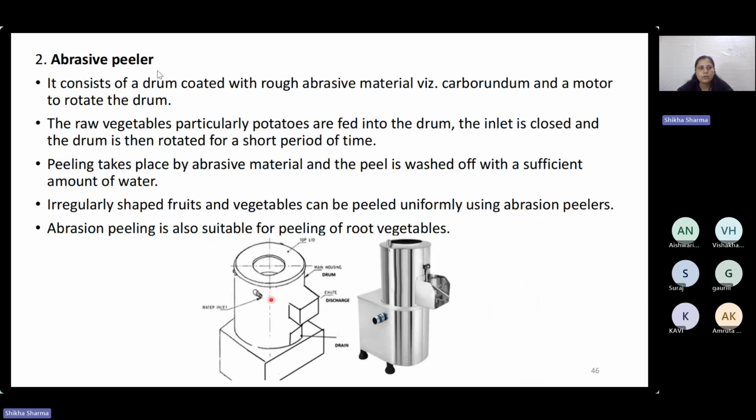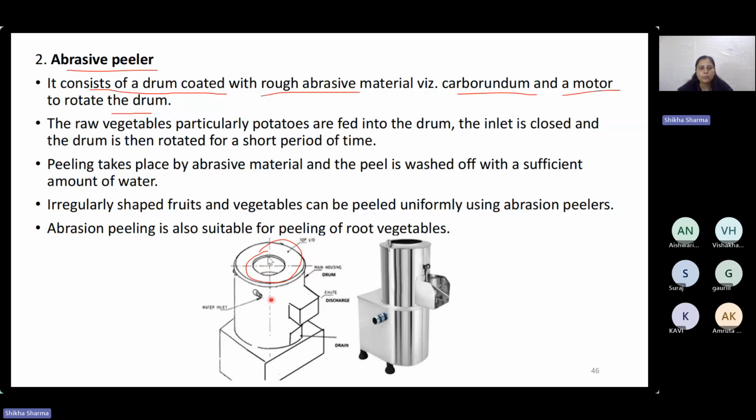Then the abrasion peeler will also be there. What happens here? It has a drum which is coated with rough abrasive material. So this is the drum. It has some kind of abrasive material like carborundum, and then it has a motor which rotates the drum.